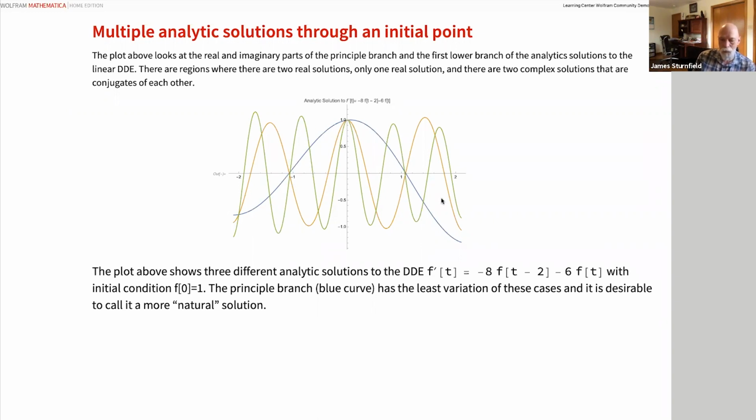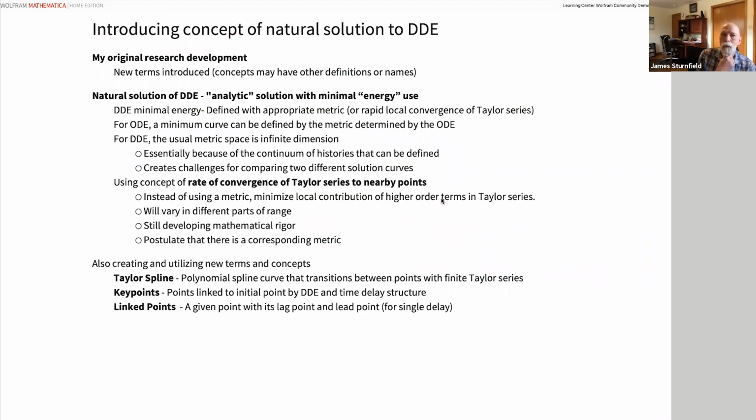And so what I've done is really done research on what it might be to have a natural analytic solution. And sort of this is based on the idea of like minimal surfaces. We're trying to minimize the energy under the effects of that delayed differential equation, doing that in a way so that we would preferably have a metric space that would determine when we have the minimal curve.